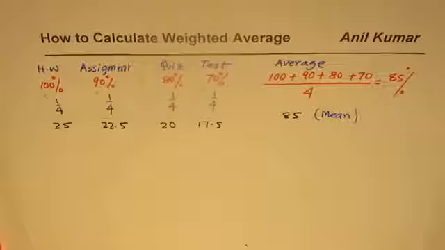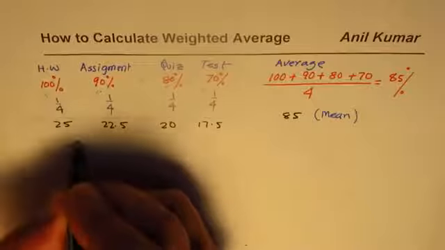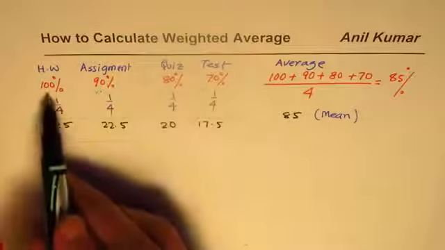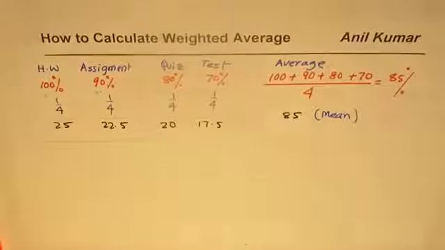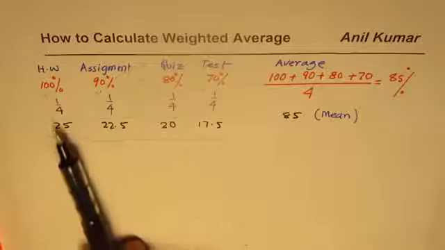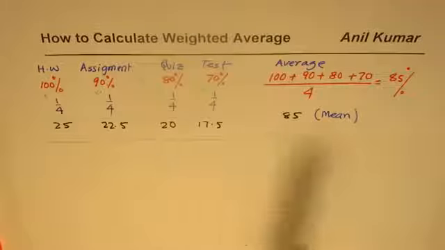Now, practically, you have always seen that their weightage is not the same. No one is going to give the same weightage for homework as for the final test, right? It doesn't make sense. So let's say instead of writing in fractions, we'll take this up in decimals.